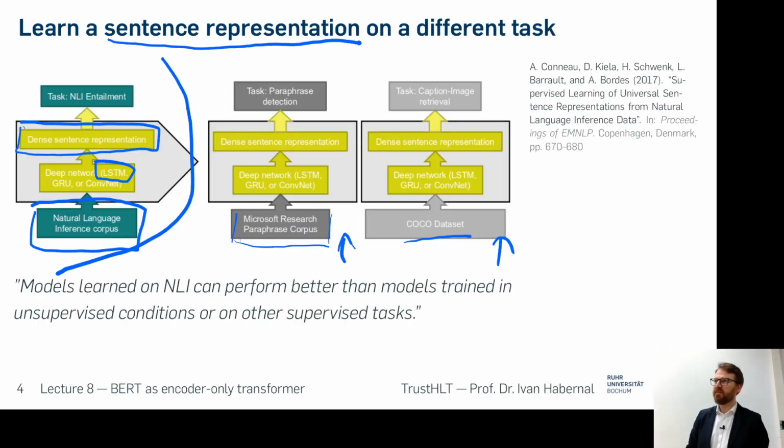So the sentence representation is always like the output of one neural network, but it's the same for every box there. I don't understand what you mean. Try to say it again. We have this dense sentence representation in every box, and this dense sentence representation can be the output of one neural network in each box, because that's what we learned about the sentence, right?